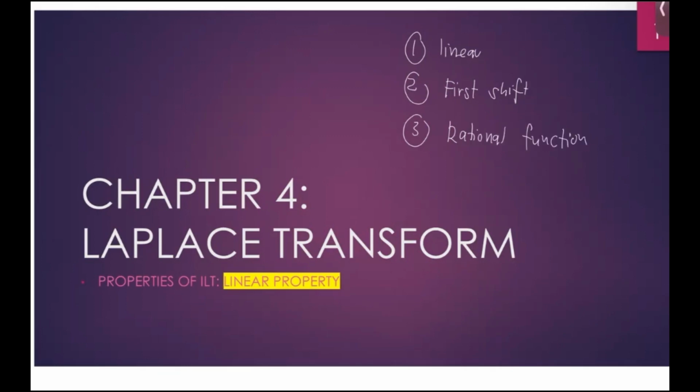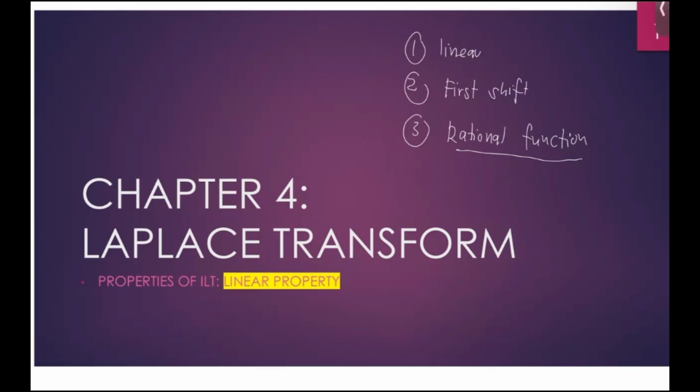So before we end our class later, I need you to please read about the rational function. You need to know what is a rational function, how to obtain a rational function from an improper function, and then how to obtain the coefficient for a rational function.